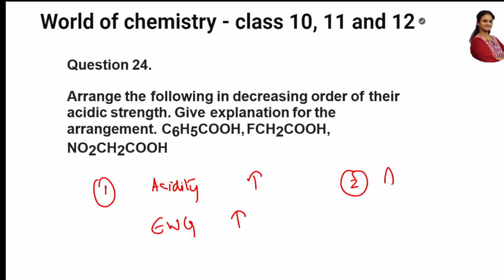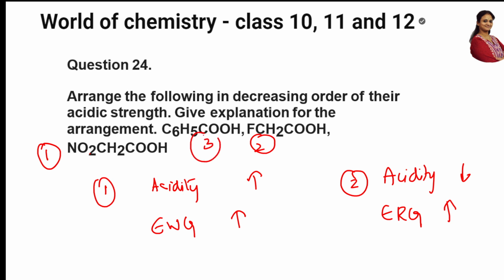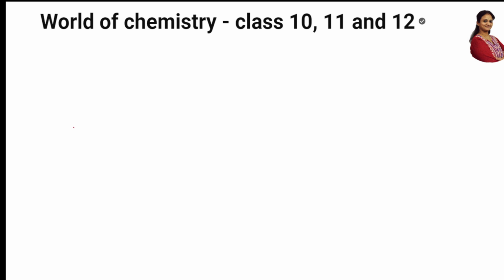Second point, acidity decreases as electron releasing group increases. You only tell me among all which is more electron withdrawing, this gets the first prize. Then comes second prize. Then comes third prize. So what is the order, students?